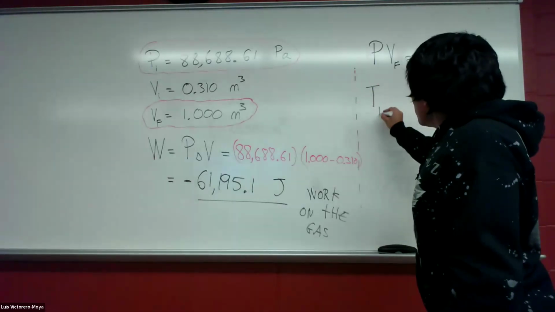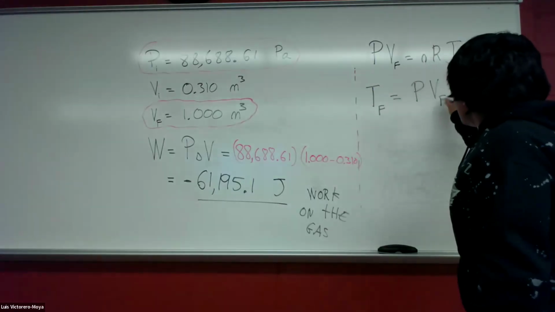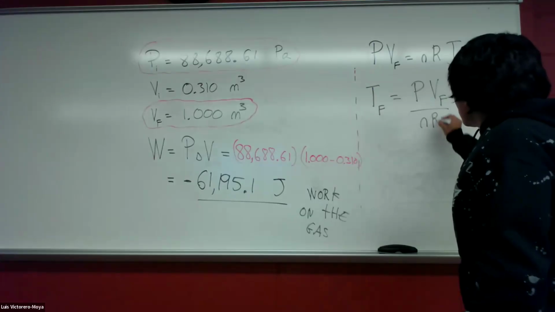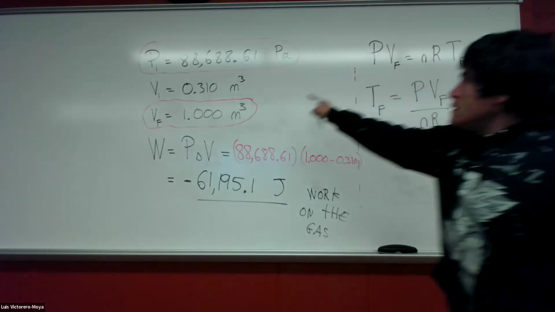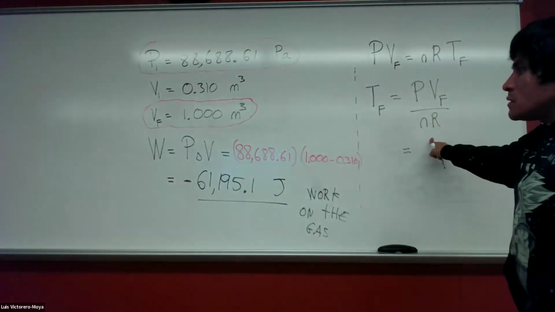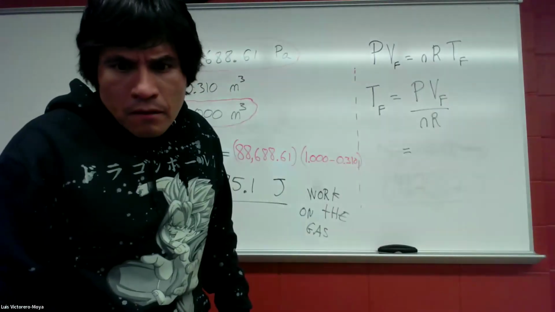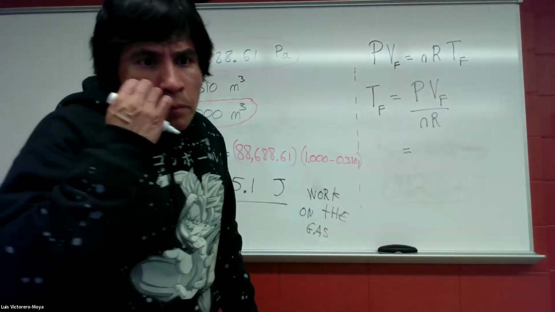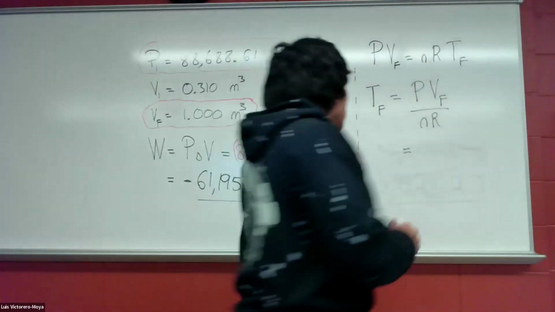The temperature will be P V final over nR. P is all that, V is this, n is, let me take a look at the problem, 11.2.